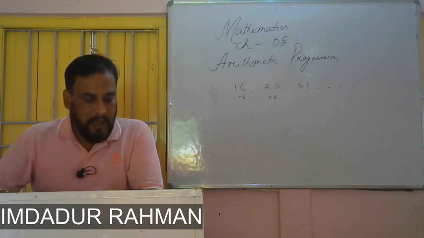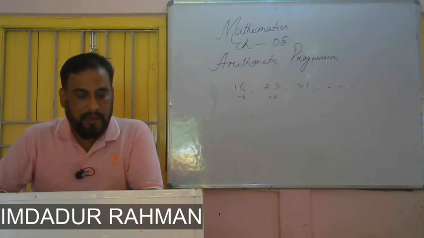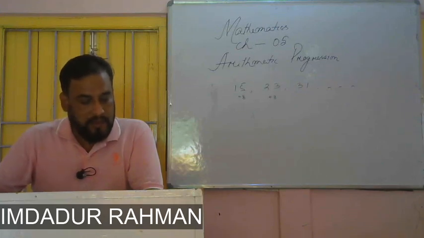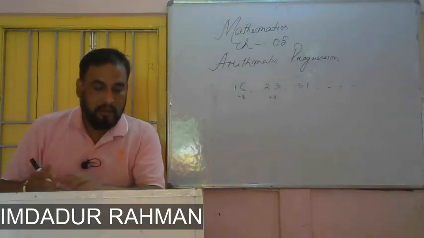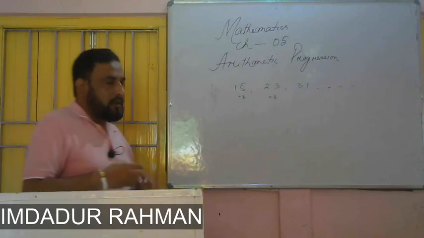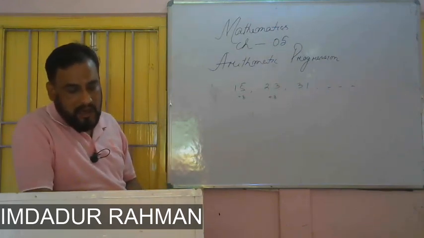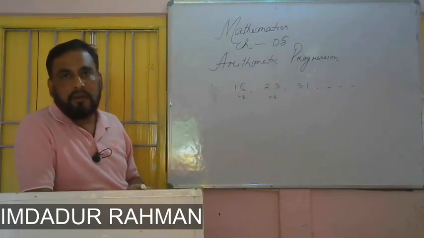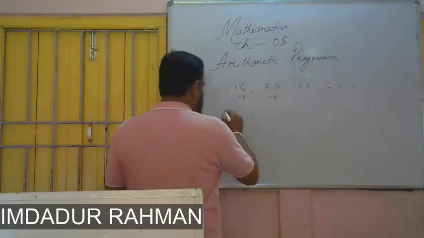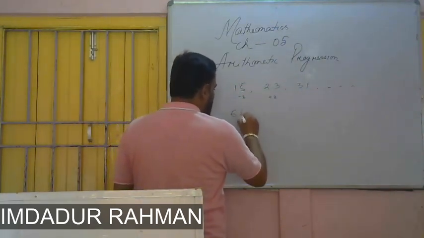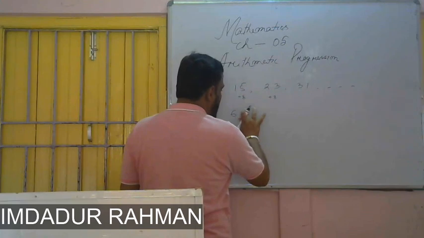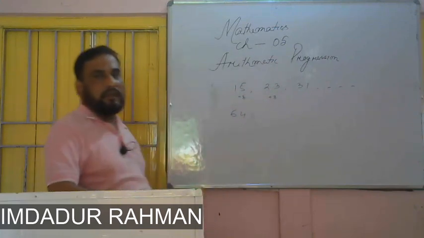Next, the amount of air present in a cylinder when a vacuum pump removes 1/4 of the air remaining in the cylinder at a time. You see, suppose in a cylinder there are 64 kg of air. So first, before applying the vacuum pump, there was 64 kg.